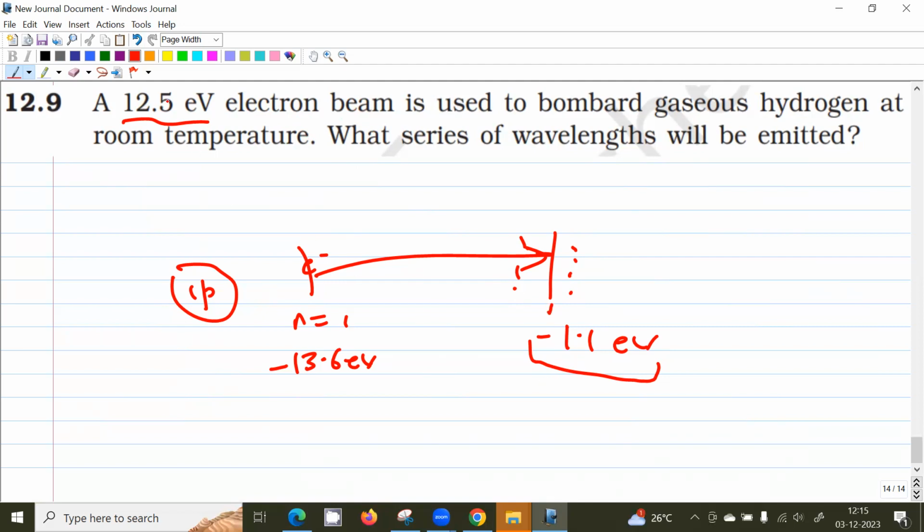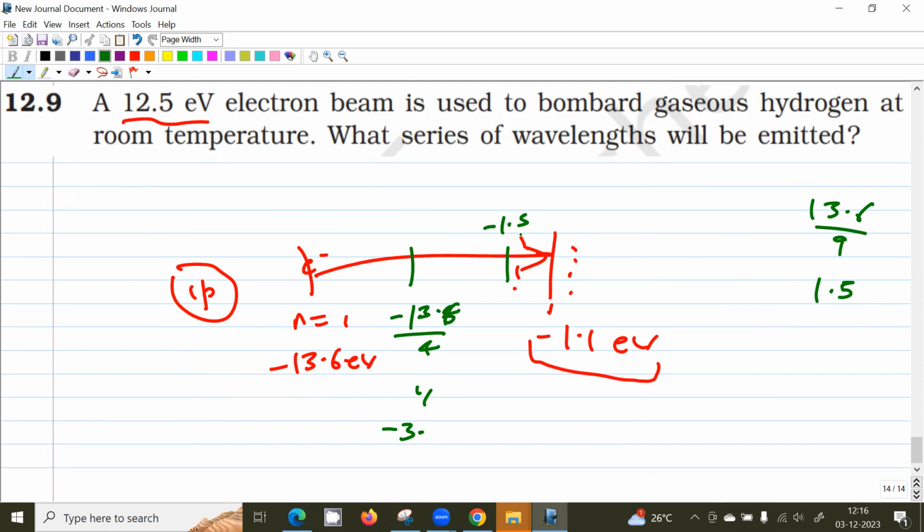For n equal to 1, the energy is minus 13.6. For n equal to 2, it is 13.6 by 4, which is minus 3.4. The next corresponds to 9: 13.6 by 9 is about 1.5, so there is minus 1.5 here.